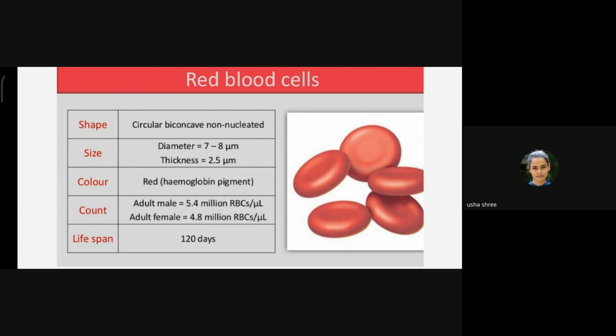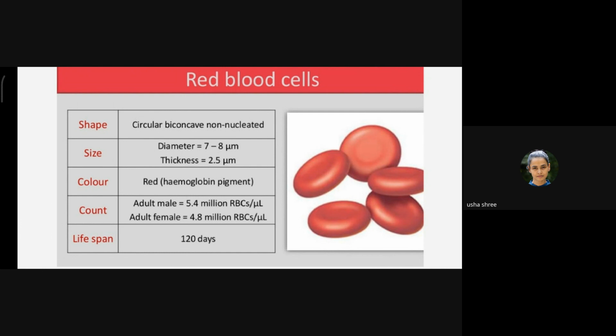Okay. Now, size of red blood cell is 7 to 8 micrometer and thickness is 2.5 micrometer. Color obviously red due to hemoglobin pigment, and this is because of iron present.